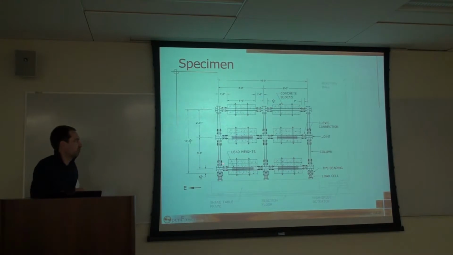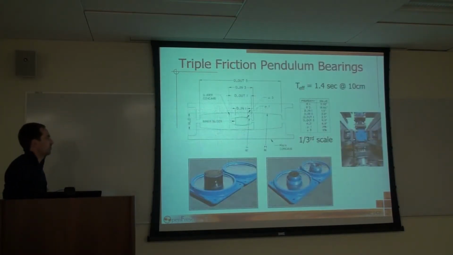We actually have a lot of those, and we can build up whole structures that then can have plastic hinges at all these locations. But for this application, we just used it to build up a frame, and then we have the seismic isolation down here. So that's what was on the shake table.